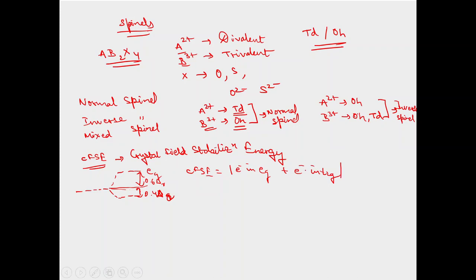For each electron in T2g we take minus 0.4, as it is lying lower, and for each electron in Eg we take plus 0.6.